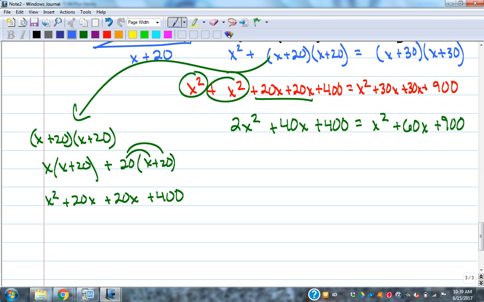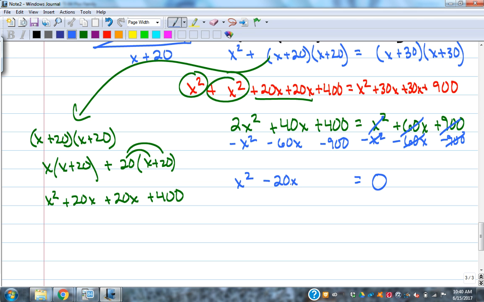This is where it starts getting a little easier because we subtract 60x, we subtract x squared, and we subtract 900. And that'll get all of these on the right side canceled out. And that's equal to 0. 2x squared minus x squared is x squared.